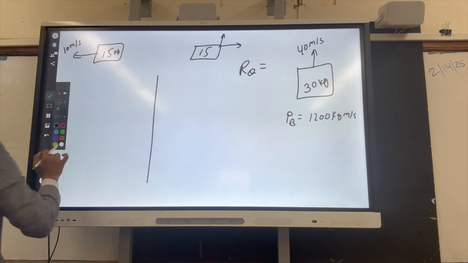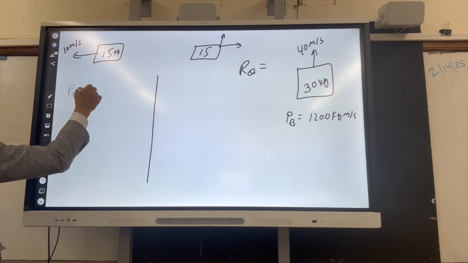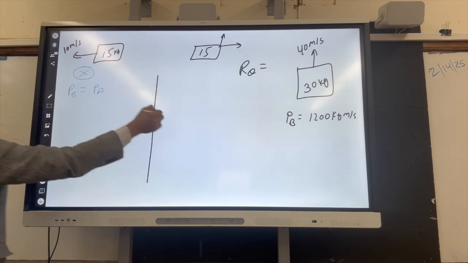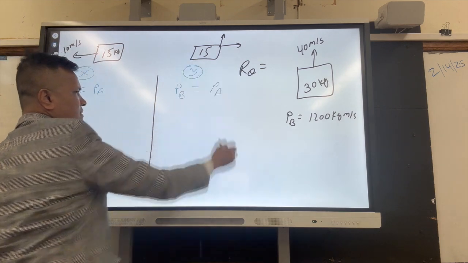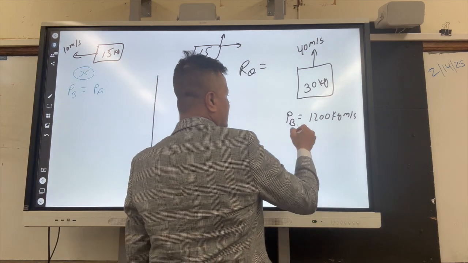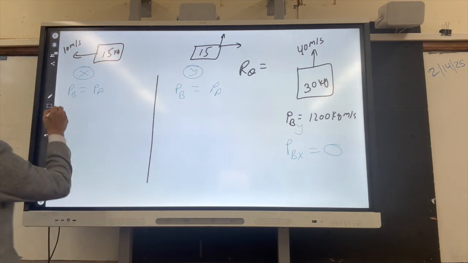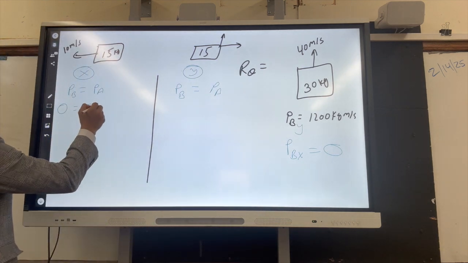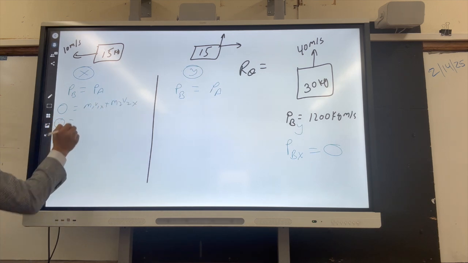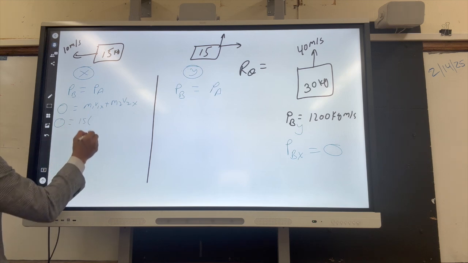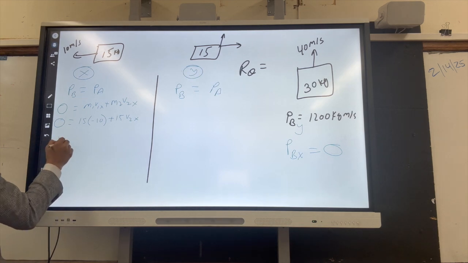One thing we know is that momentum before is equal to momentum after in the x direction, and momentum before is equal to momentum after in the y direction. This is the y direction. Momentum before in the x direction is 0, so this must be 0: m1 v1x plus m2 v2x. m1 is 15, 15 times minus 10, so v2x is 10.